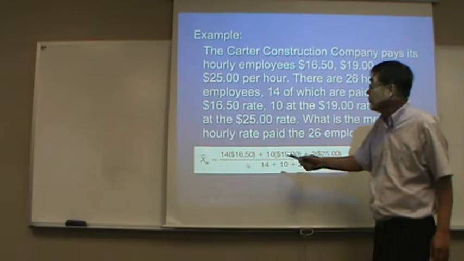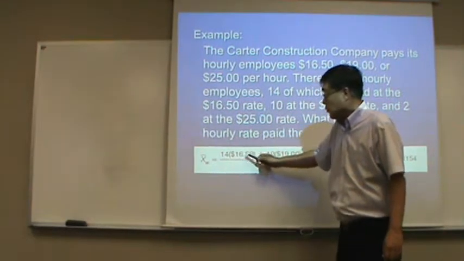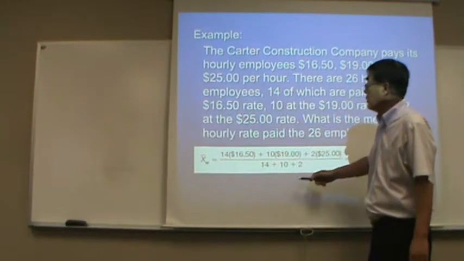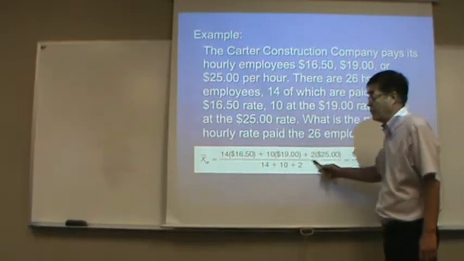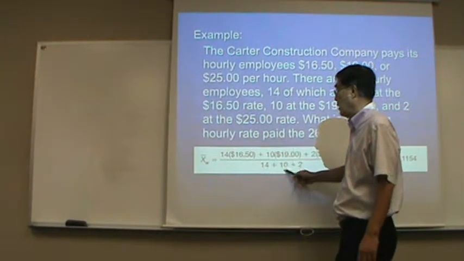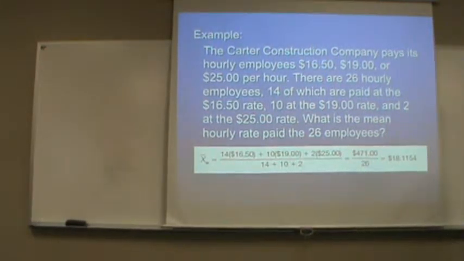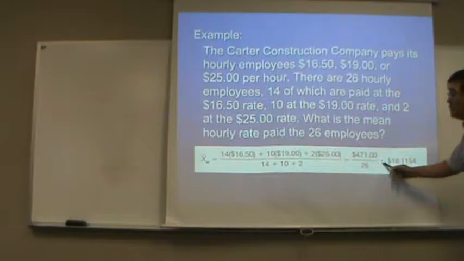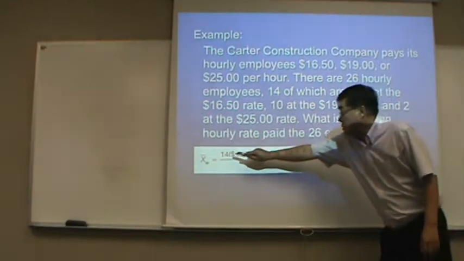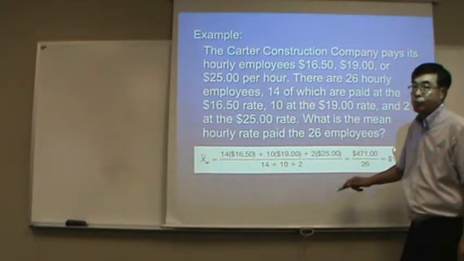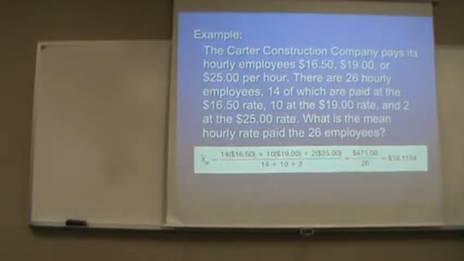It will be 14 times 16.5 plus 10 times 19 plus 2 times 25, divided by the total number 26, equals 18.1154. This is the weighted average. Each group's count, 14, 10, 2, has a different role.